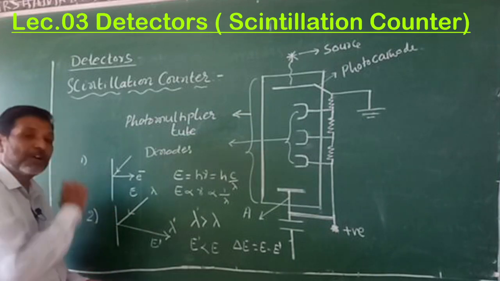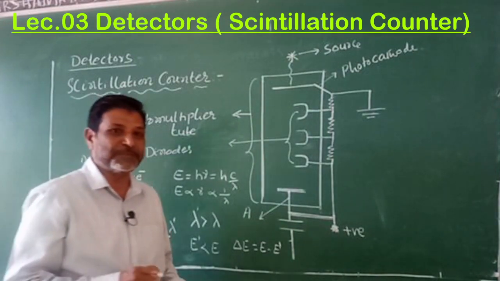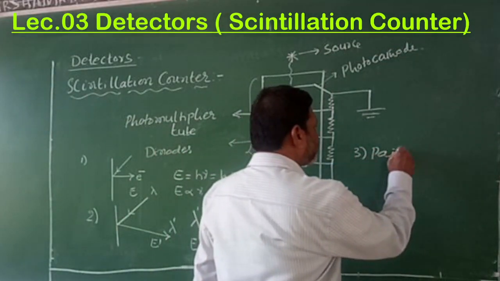Now this is the Compton effect, and the third is pair production. What is pair production?